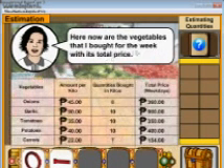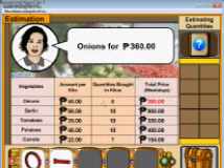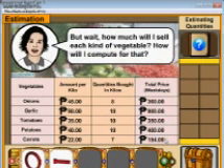Here now are the vegetables that I brought for the week with their total price. Onions for 360 pesos, garlic for 900 pesos, tomatoes for 350 pesos, potatoes for 400 pesos, and carrots for 154 pesos. But wait, how much will I sell each kind of vegetable? How will I compute for that?